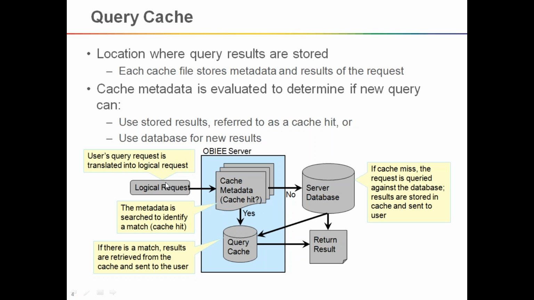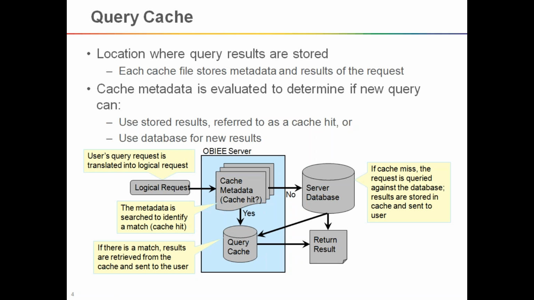Whenever a request comes to the BI server, this algorithm will compare. This request is asking for 3 columns, whether these 3 columns are present here or not. If they are present, if I can give data from the cache, it will route your request to the cache itself, and then return the results to you. So this is your output.